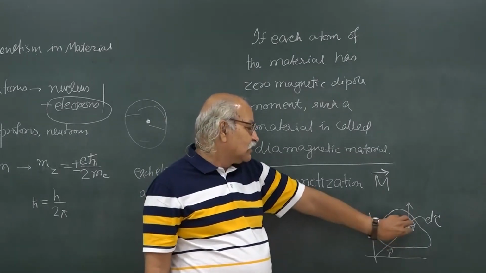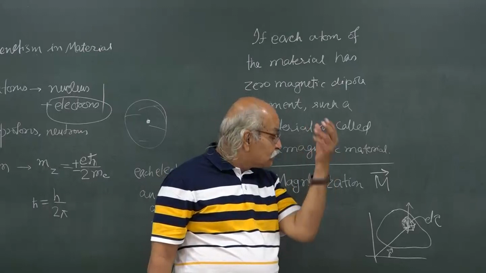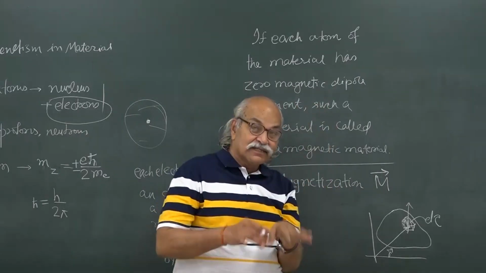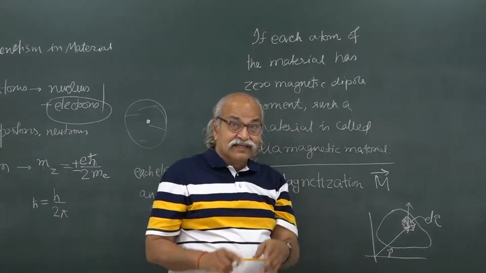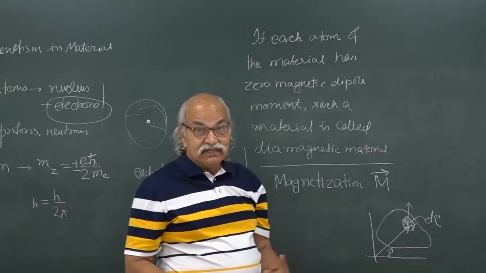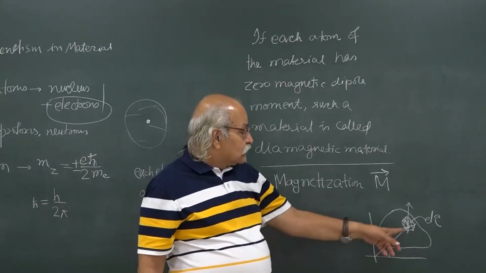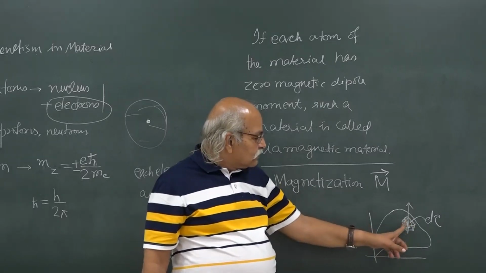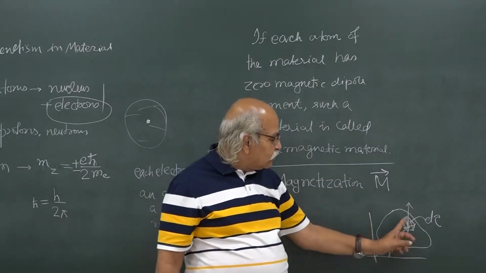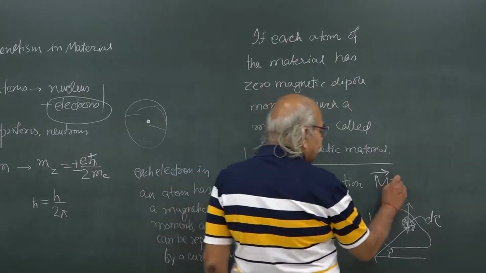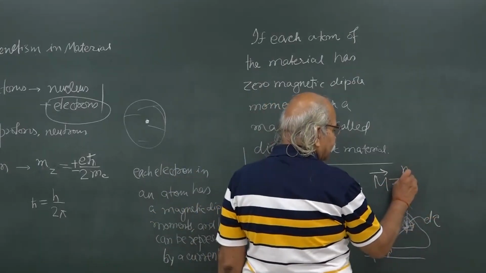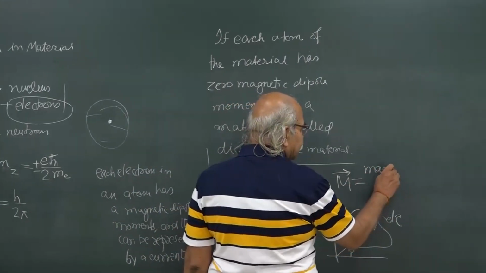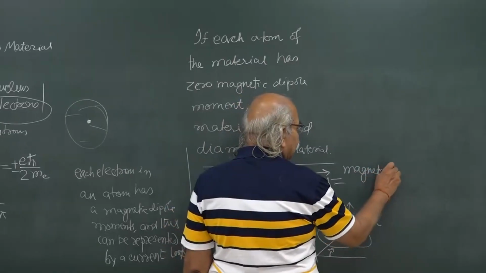When I say atoms, you understand that I am talking of atoms, molecules, ions, whatever the structure of the material. That net magnetic dipole moment of this d tau, you look at and then divide by this d tau.